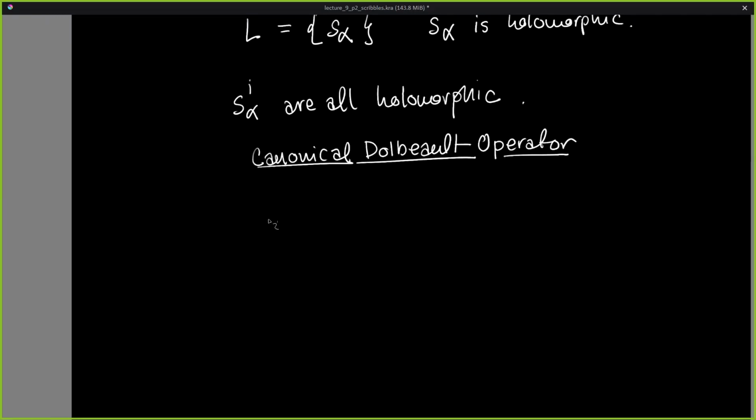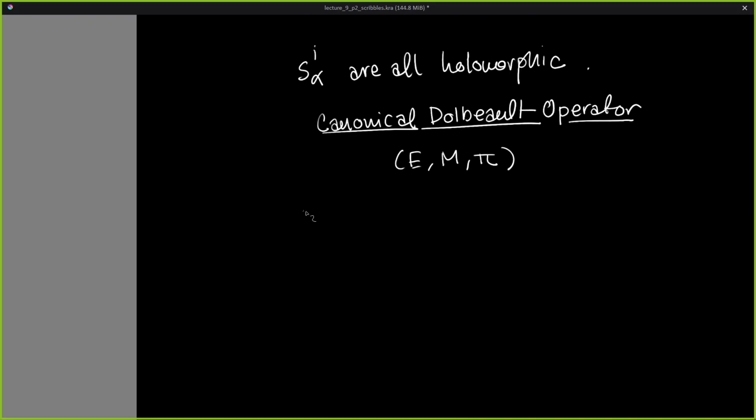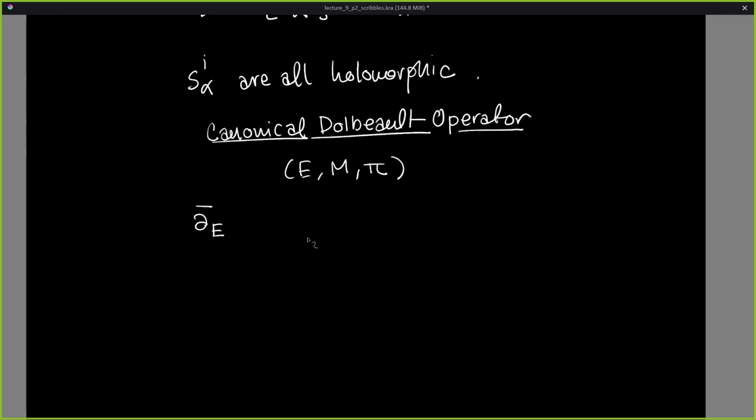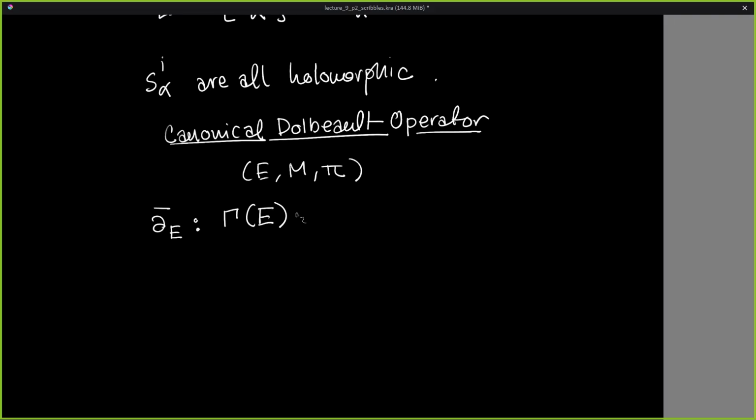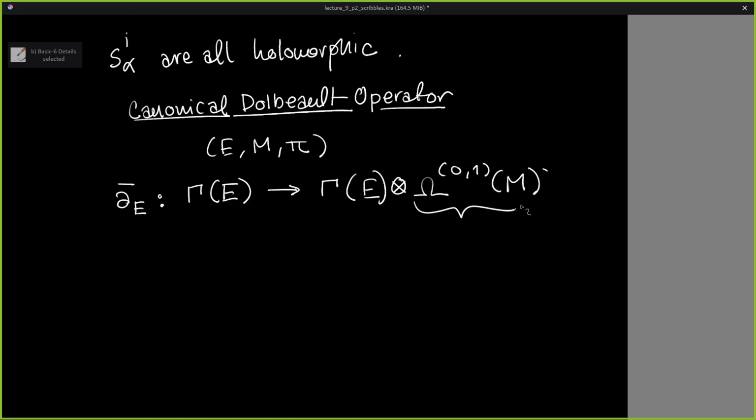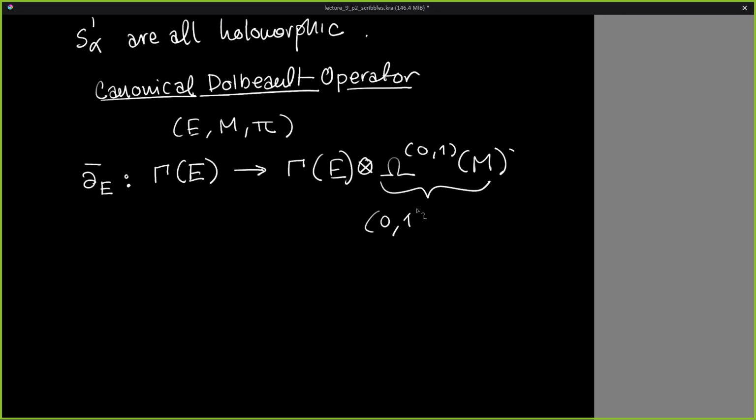Let's say that E, pi is our vector bundle. Then the operator is called partial bar E for the vector bundle. It takes you from smooth sections on E to smooth sections on E tensored with, now instead of having a 1-form, a 0-1 form in the complex sense.